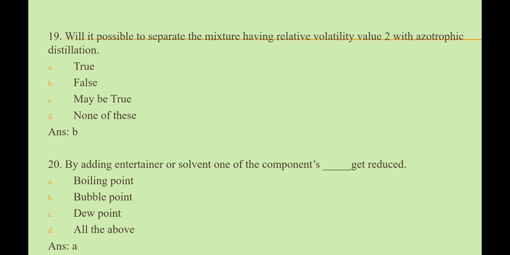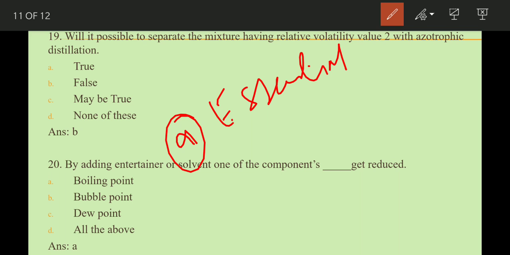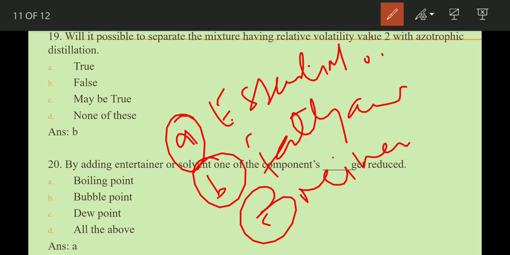Now next question is, steam distillation is used for the separation of option A, essential oil. Option B, fatty acid. Option C, mineral acid.